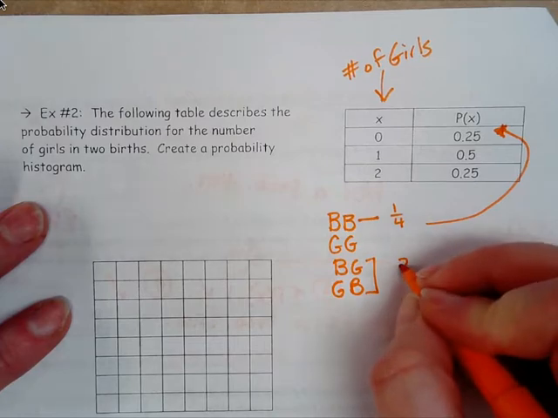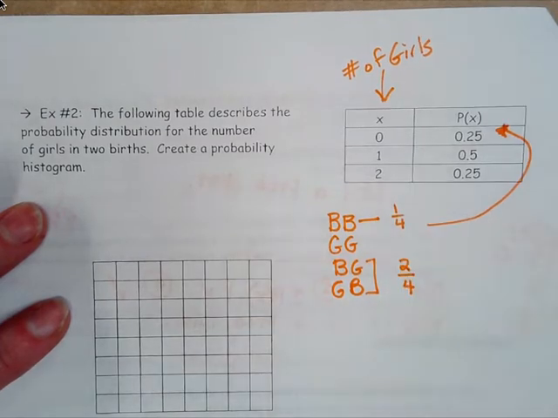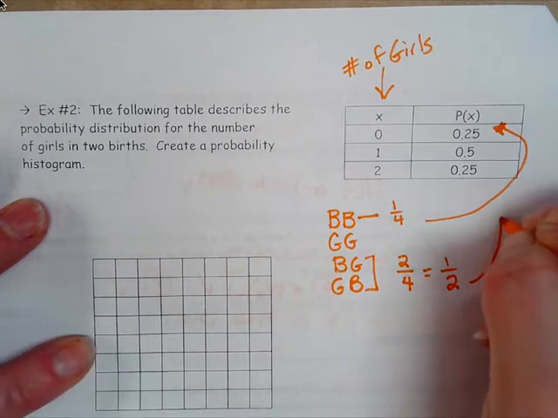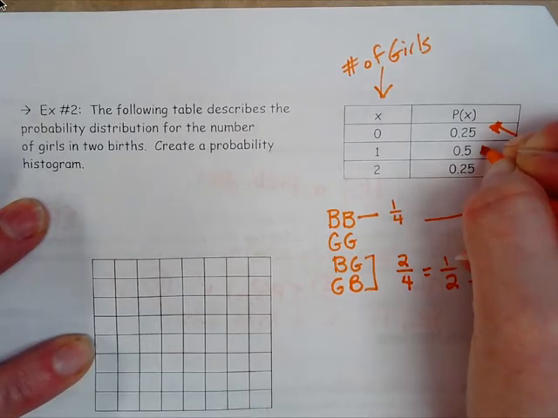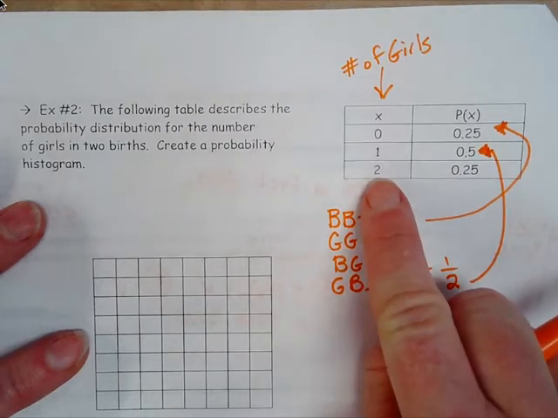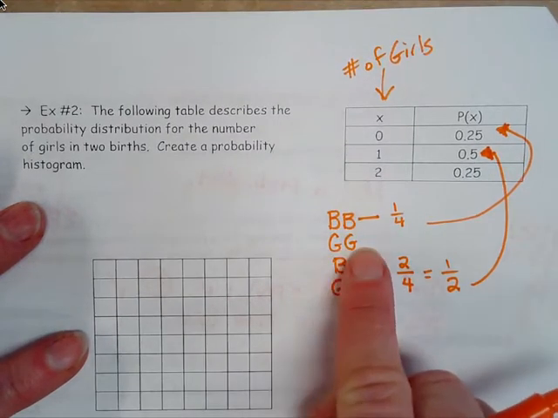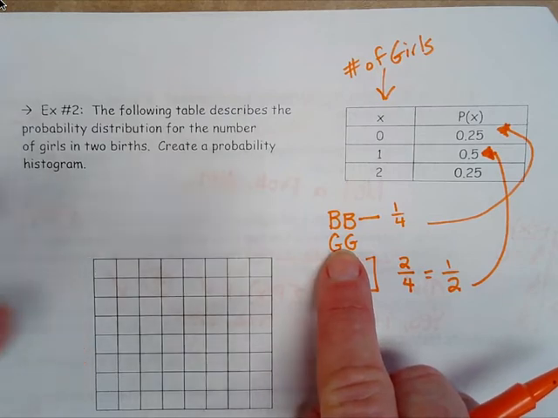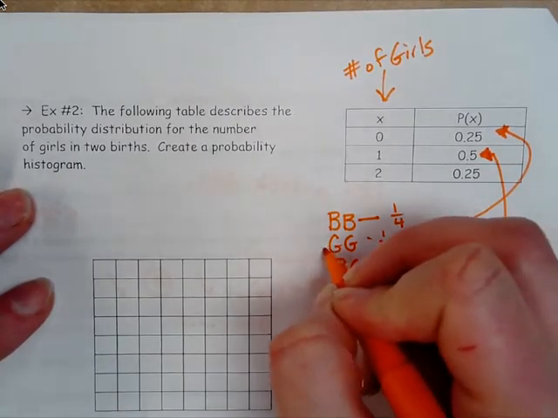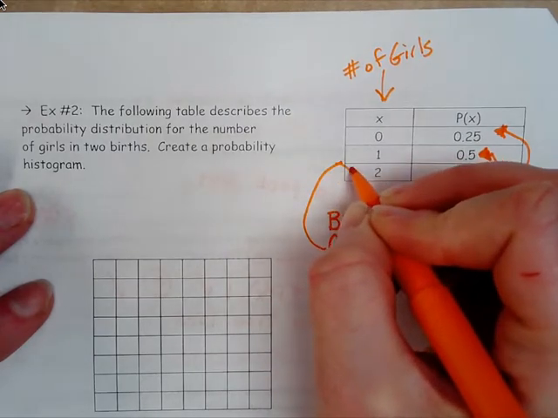So that's 2 out of the 4, which is 1/2. So that's where that comes from. And then the probability of getting 2 girls, theoretically, is just 1 out of the 4 possibilities. So that is where this comes from.